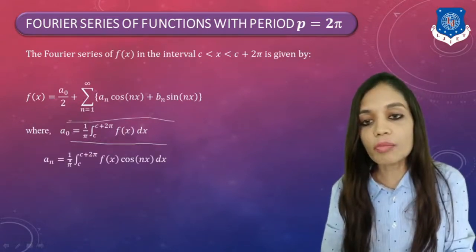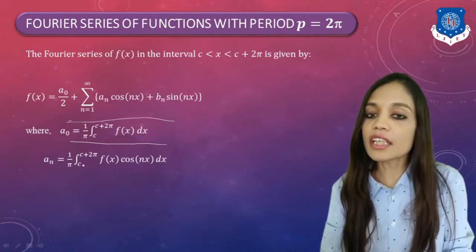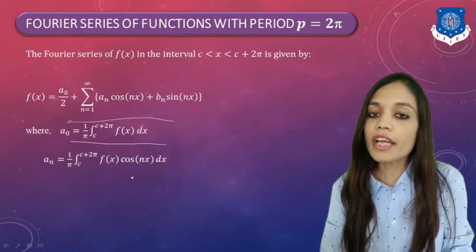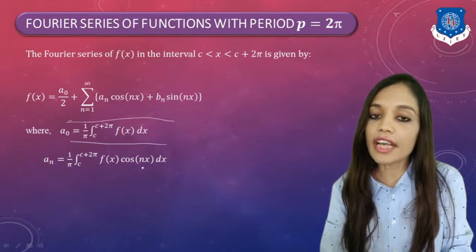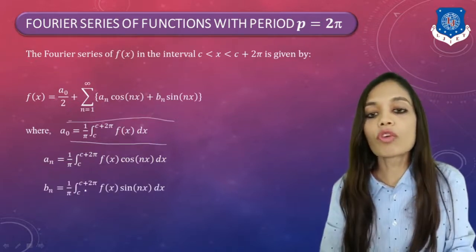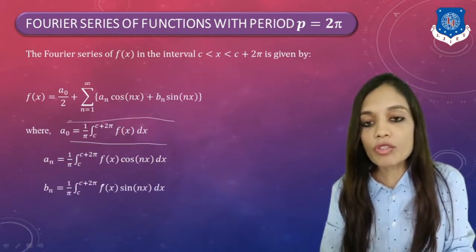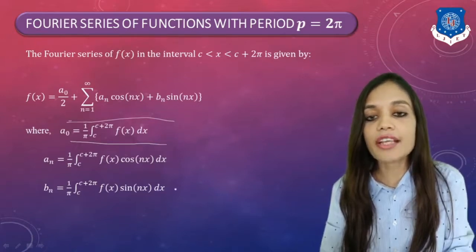Similarly, an is given by 1 upon pi integration c to c plus 2 pi f of x cos nx dx. bn is equal to 1 upon pi c to c plus 2 pi f of x sin nx dx.